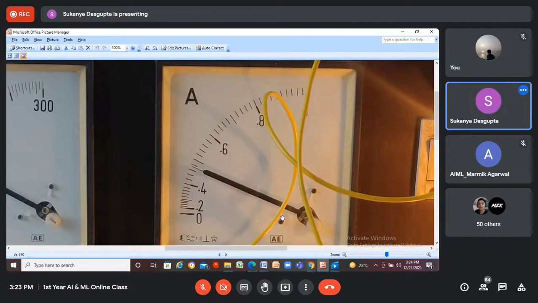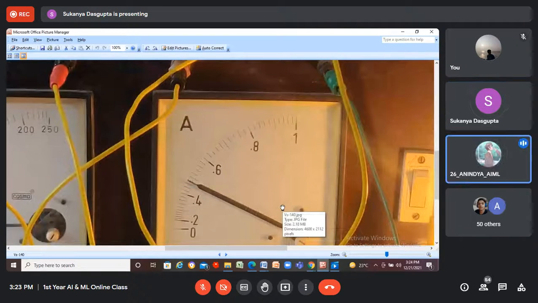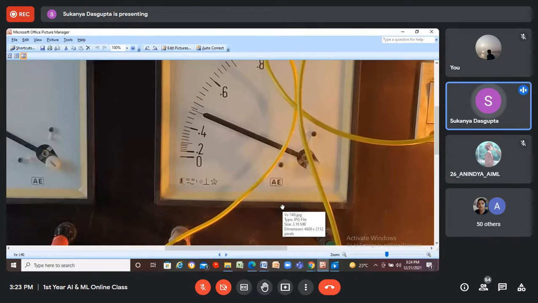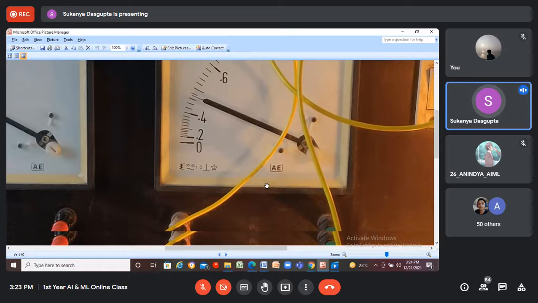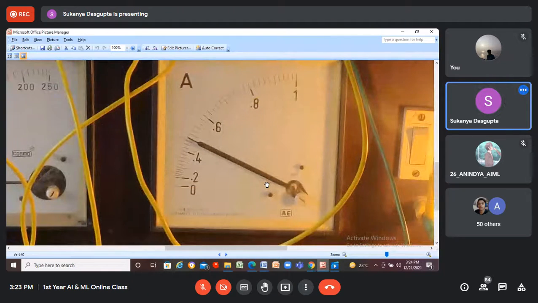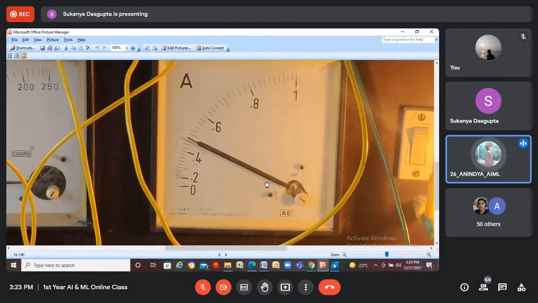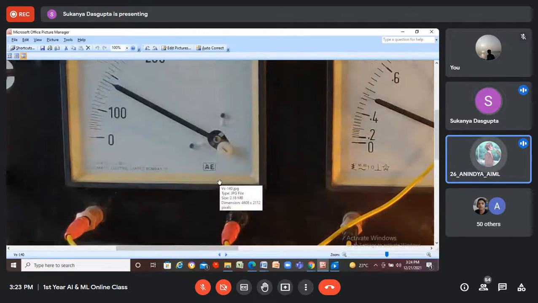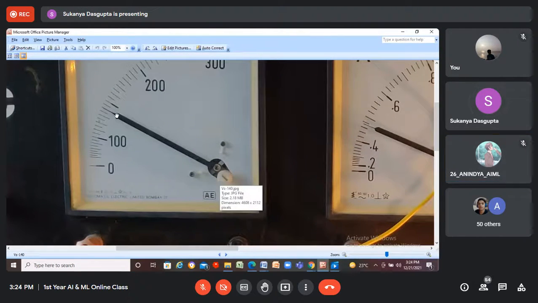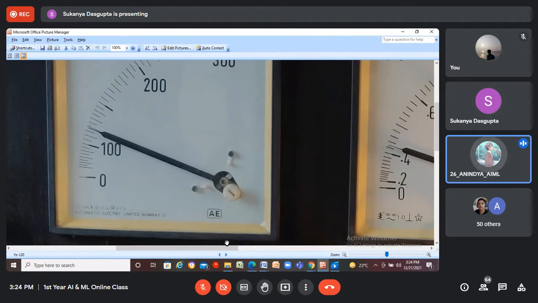Okay, so next one. Ma'am, 0.475 then. Yes, now it is 0.475 as per this screenshot. Ma'am, then the last one would be 0.425. It was just above 0.42. No, ma'am, for the first reading, the first 120 volt.